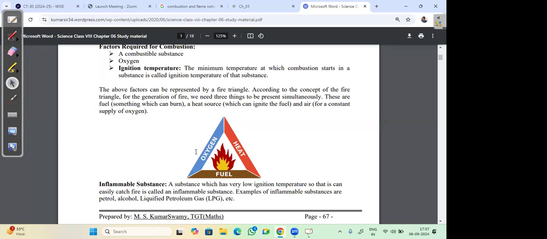Just draw this fire triangle in your notebook: oxygen, heat, and fuel.